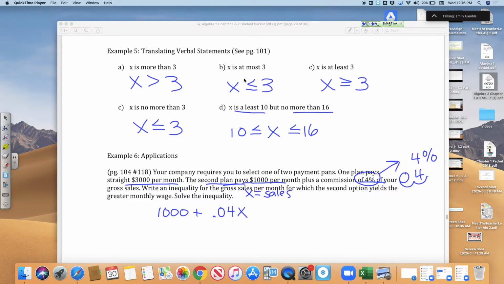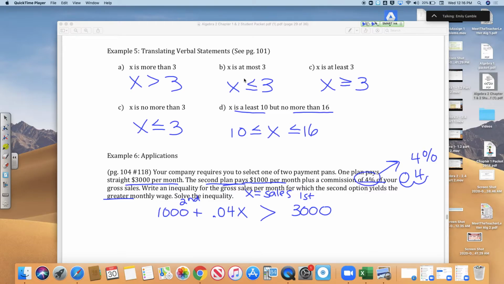The first plan is just $3,000 per month. All right, so this is the second, this is the first. And we want the second option to be greater than the first. So here's the inequality I can create. 1,000 plus 0.04x is greater than 3,000.